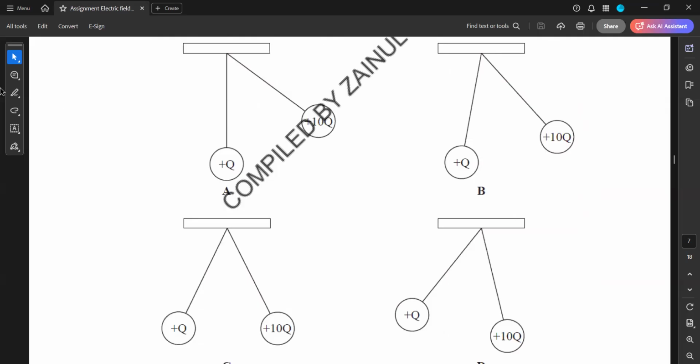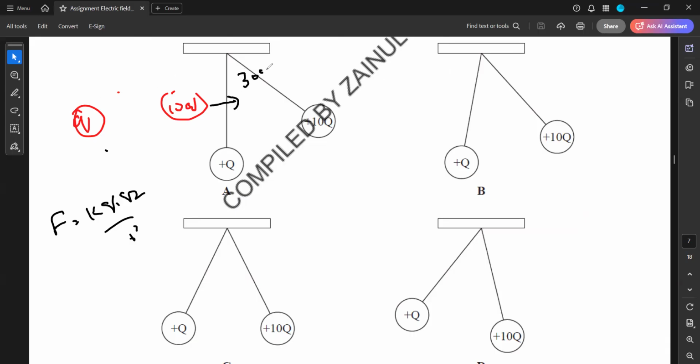Why? Because according to Coulomb's law, if there is a charge Q and another charge 10Q, the force between them is F equals K Q1 Q2 over R square. So if the resultant force is 30 Newton on this one, the resultant force will also be 30 Newton on the other one, in the opposite direction, but the magnitude will be the same.